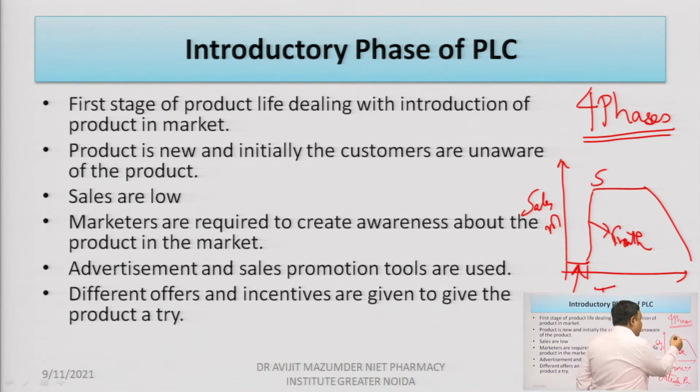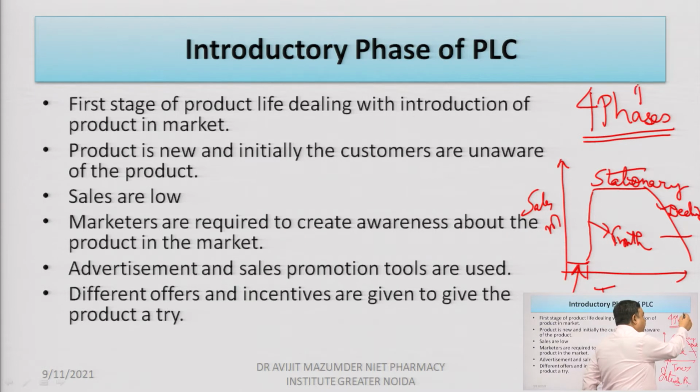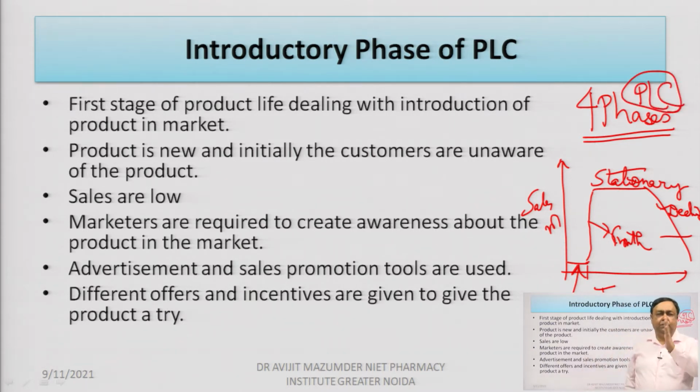So, we call that the stationary phase, and lastly it is followed by the stage of decline. These are the 4 phases of PLC. I will be discussing each individual phase, what strategy a company takes, and what the features are of that stage across which the product will pass. So, let us begin with the introductory phase.